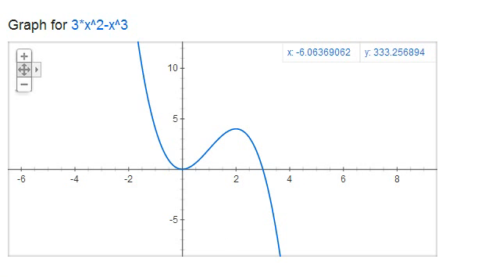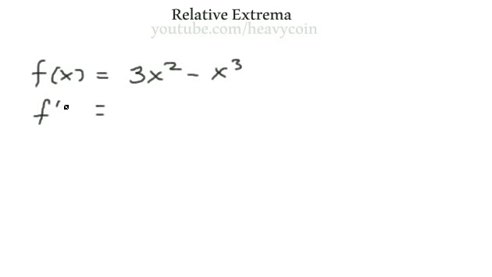All right, well, let's get busy with the math. So that function, once again, we'll call it f of x. Boy, f is overrated, I guess. I need to try something else. We have 3x squared minus x cubed. We're going to take the derivative, because the goal here is to find the critical numbers, and that's going to be 6x minus 3x squared, and we're going to factor out a 3x.